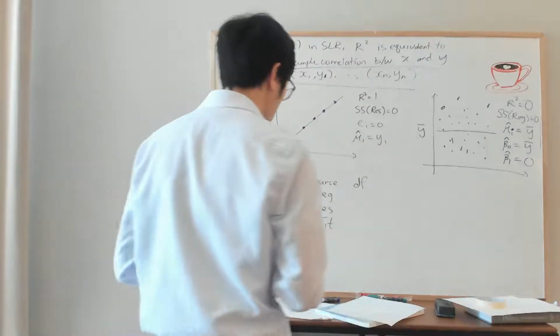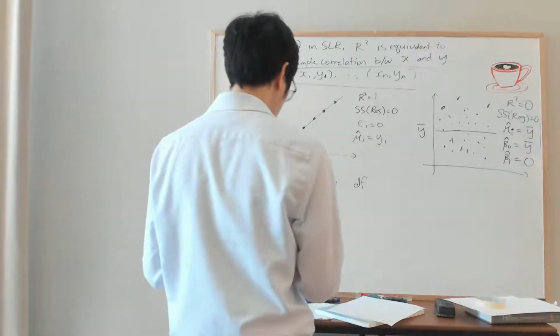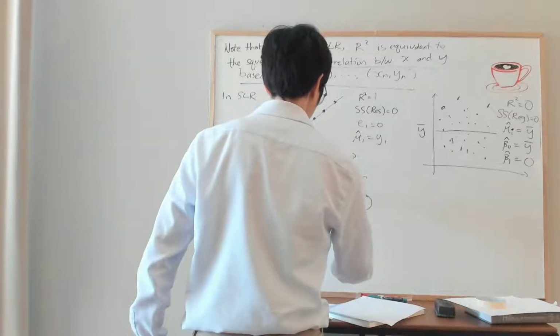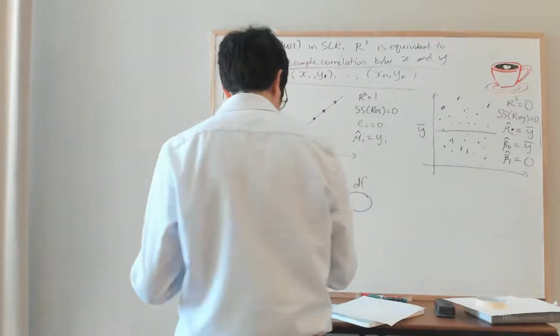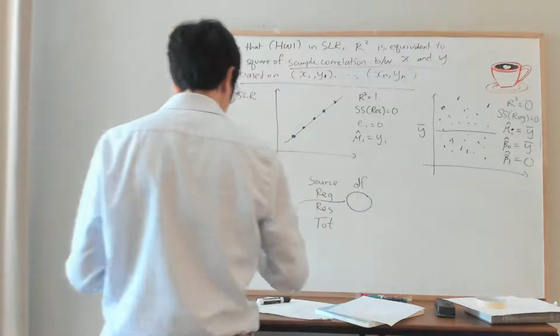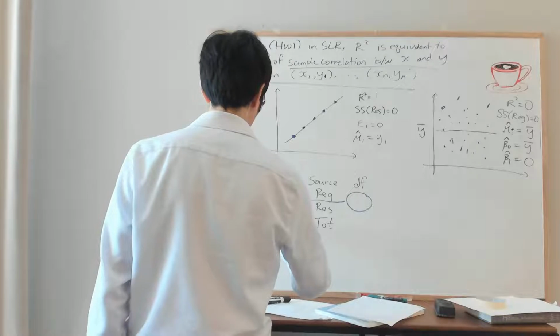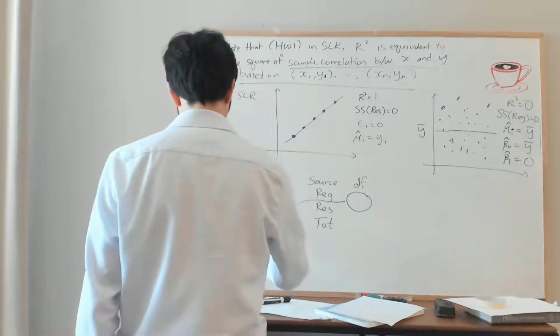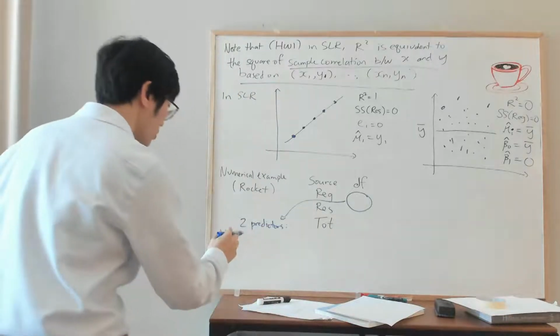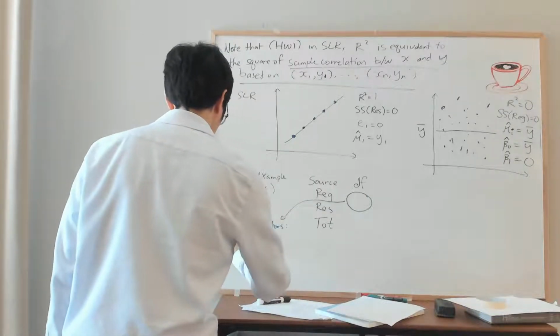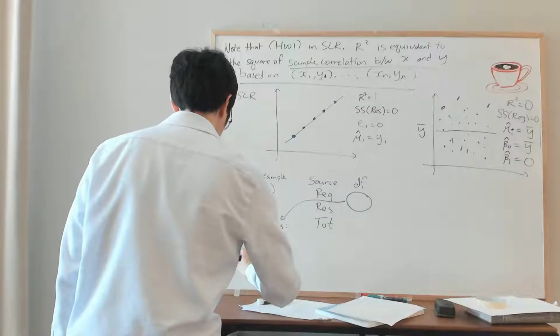Degrees of freedom. Just to remind you, in this example we had two predictors, or explanatory variables. They were nozzle size and the propellant ratio.